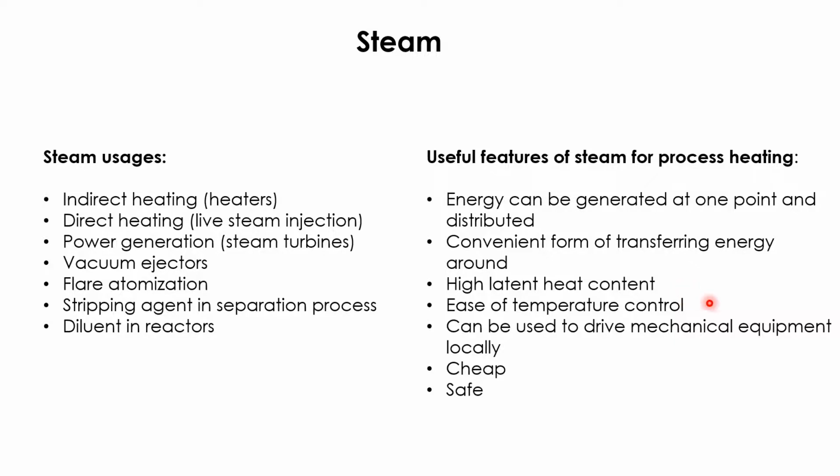Also, steam is easy to control the temperature. You can basically play with the pressure. It can be used to drive mechanical equipment locally, for example, steam is used in the turbine. Steam is relatively cheap and it's safe. So those are a few of the important features of steam for process heating.